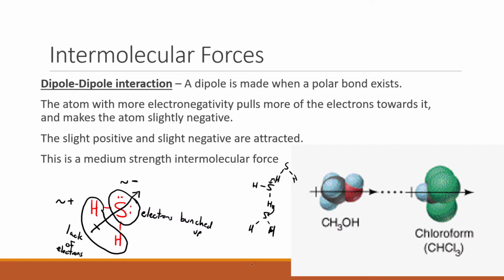This magnetic attraction between the sort of negative side and the sort of positive side, the two dipoles interacting. And that makes it stronger than a dispersion force, because it's not just them stacked on top of each other, there's also slight magnetic attractions involved.